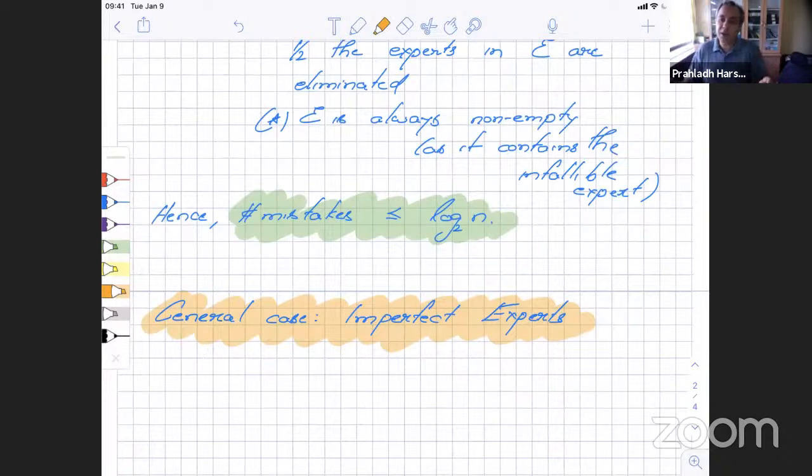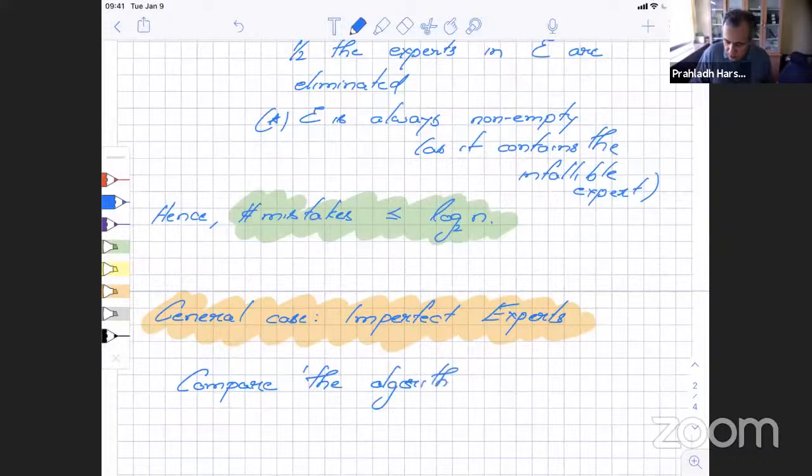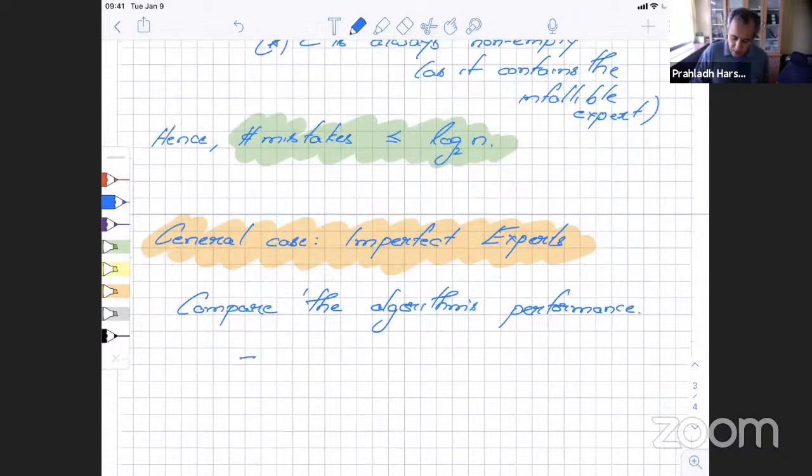This is one thing you could compare against. At every time step, you find out who is the best expert. So you want to compare the algorithm's performance against what? One option is the sum.